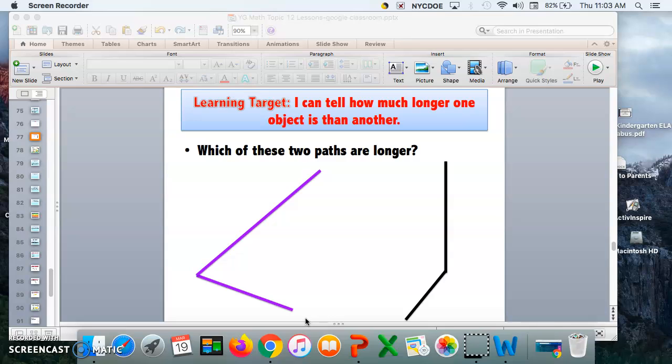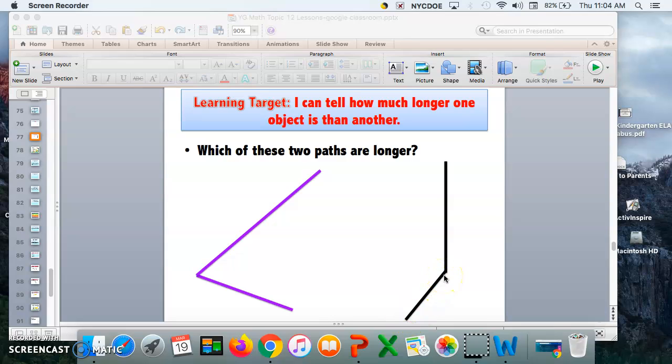Now, let's look at the second path. This first line from here to here is about, let's say, 4 centimeters long. And this bottom line from here to here is about 2 centimeters long. So again, from here to here it's about 4 centimeters, and from here to here is about 2 centimeters.